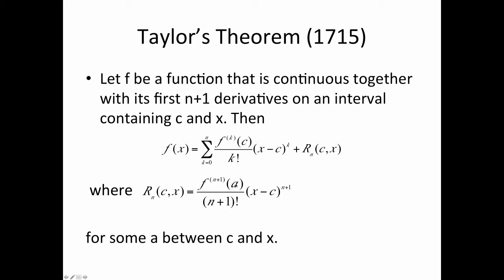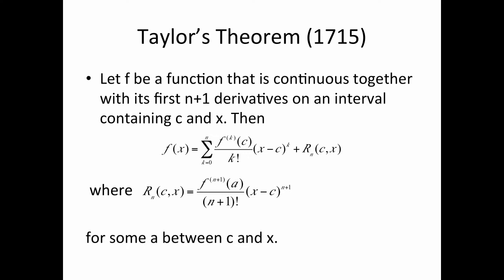What we typically will do here is to bound the derivative between x and c and use that upper bound to get an upper bound on the remainder. But it will be exactly some value in there.